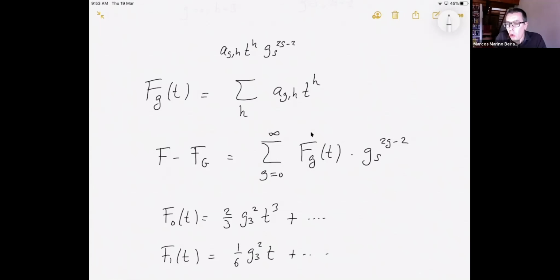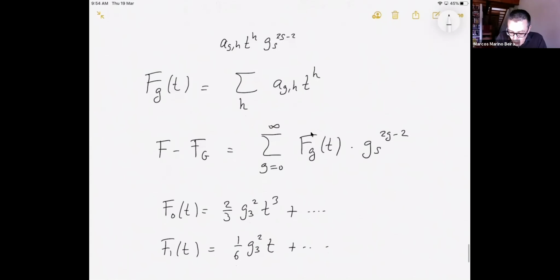So this means that if you reorganize the theory like this, here in this F_0(t), there will be many diagrams with the topology of the sphere, but with arbitrary numbers of interactions. And when you reorganize the theory like this, all these diagrams, which involve an arbitrary number of interactions, contribute equally. Okay?